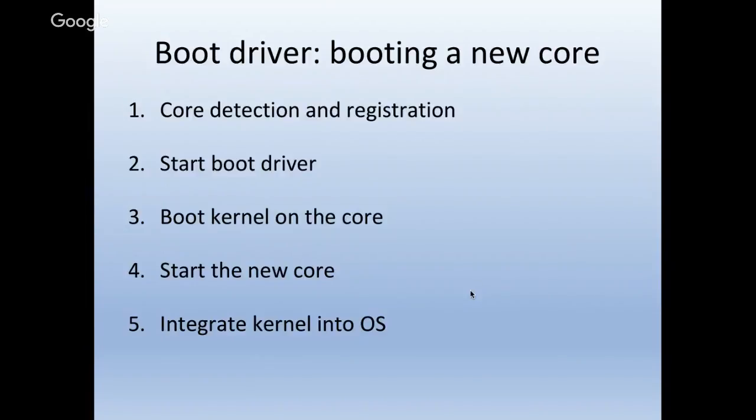The next step is the boot driver loads and relocates the kernel and executes the hardware protocol to start the new core. The last step is the new kernel initializes and uses the existing Barrelfish protocol for integrating into the running OS.